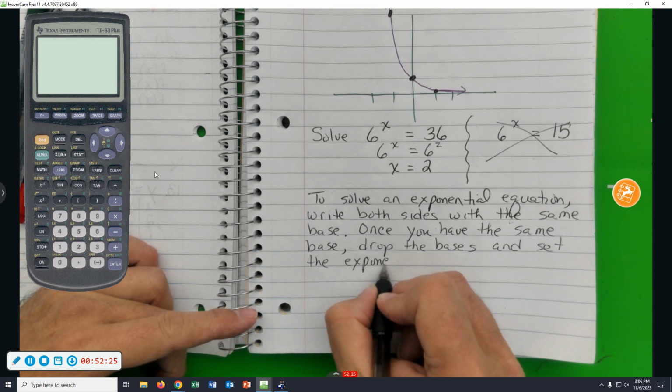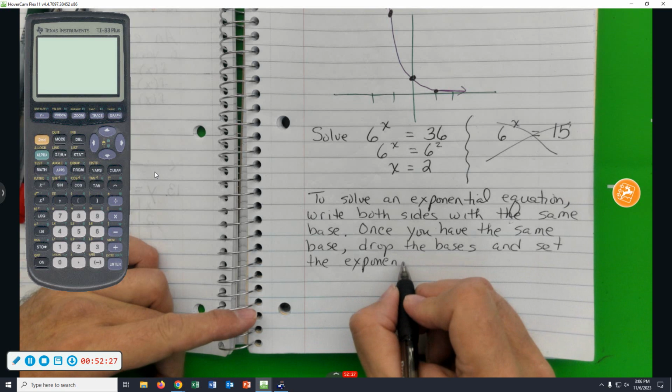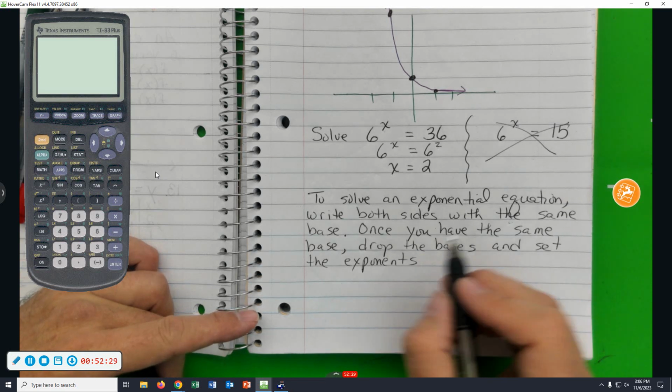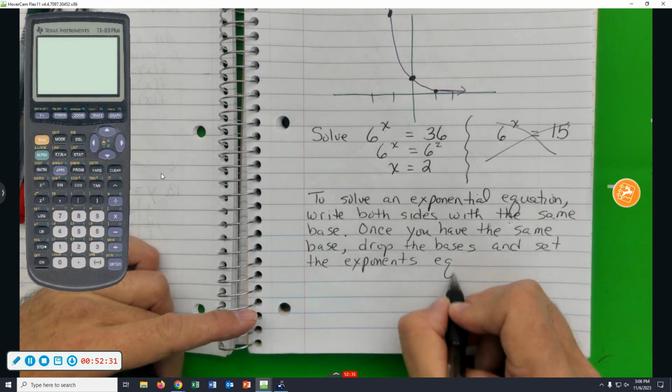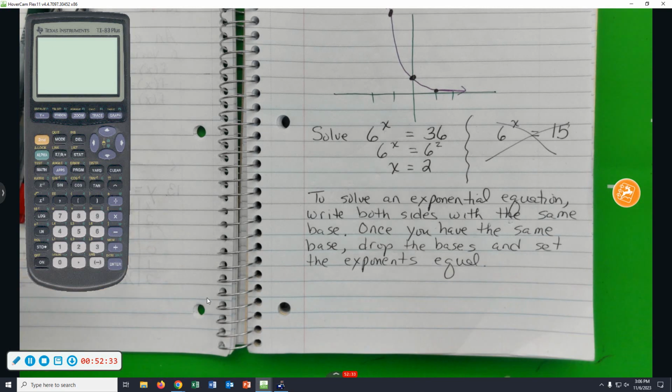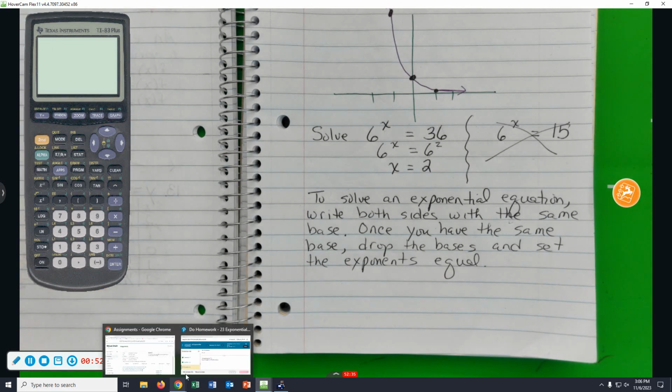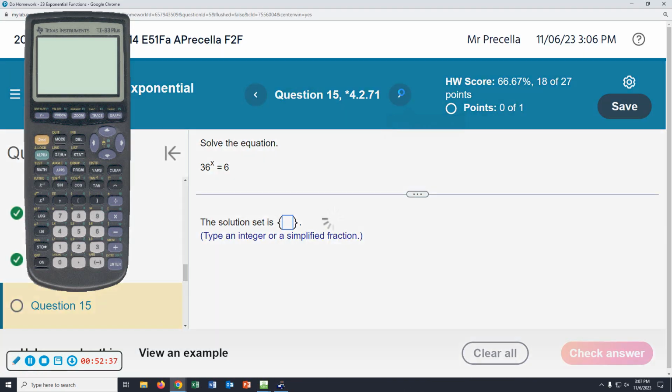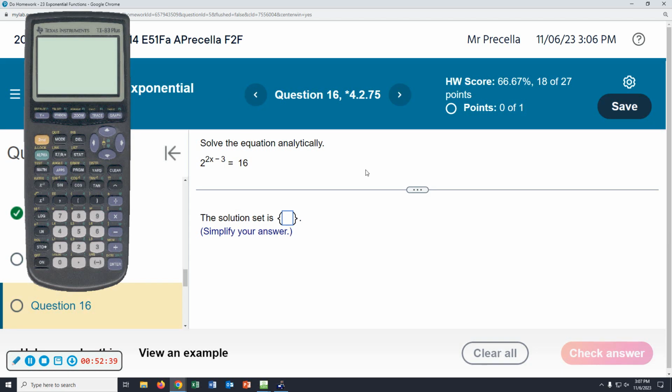Why don't we do number 16 before 15. Here's a good one. Here's number 16. It sort of illustrates the steps nicely.